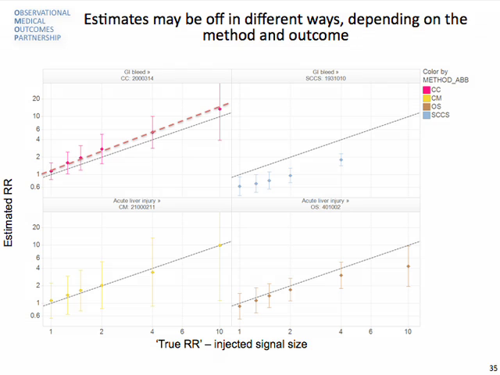So I just showed you the case control model, the one in the top left-hand corner, which basically said case control was positively biased and didn't have too much variance, so that seemed to work fairly well. But as I mentioned, and it's a key theme here, there's no one-size-fits-all solution. If we look at the next plot over, for the same outcome, GI bleed, self-controlled case series tends to be negatively biased.